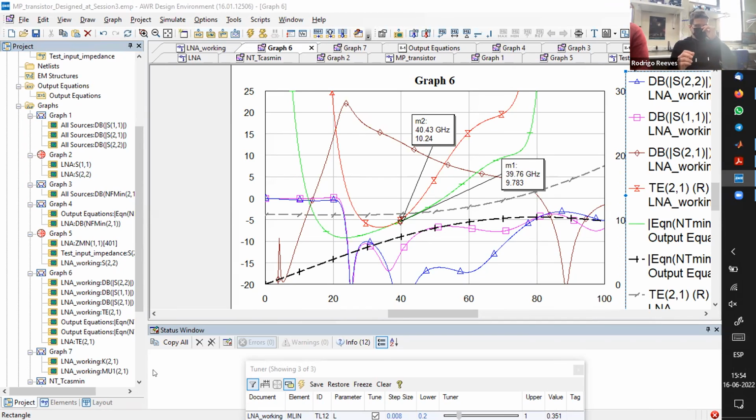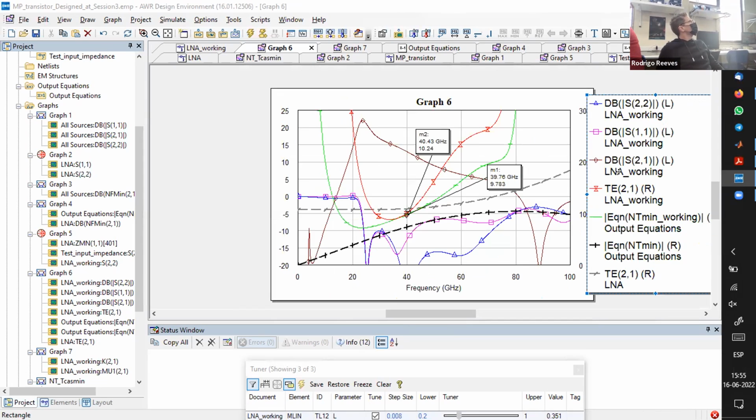So last session we made the noise matching of the LNA, of the two-stage LNA, and now we have a plot here, and in red we can see the noise temperature of the LNA.